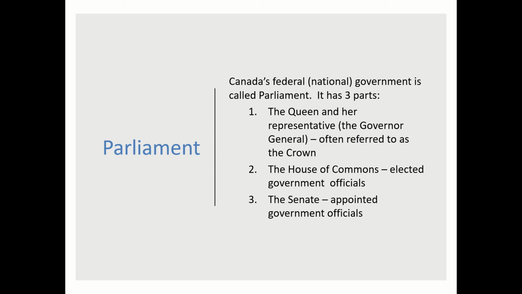They become an MP, a Member of Parliament. That's what MP stands for. And they make up the members of the House of Commons.